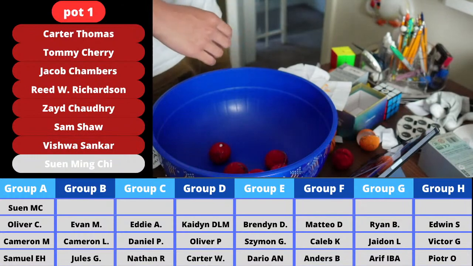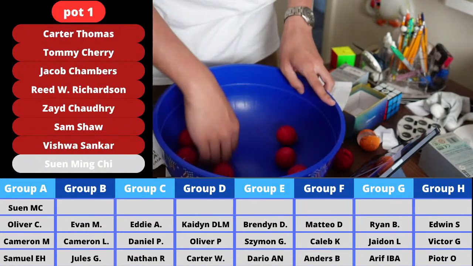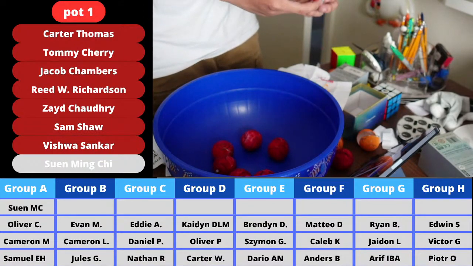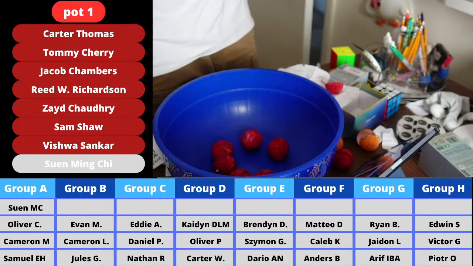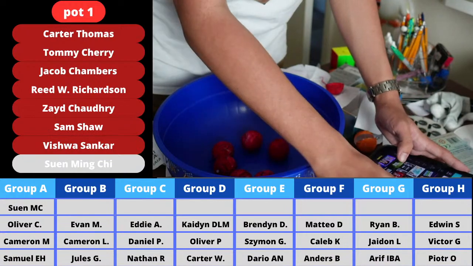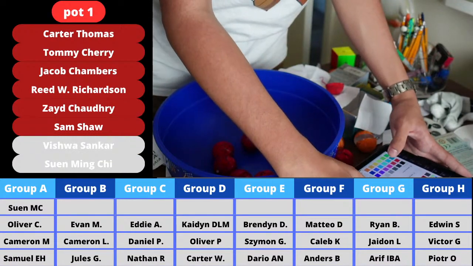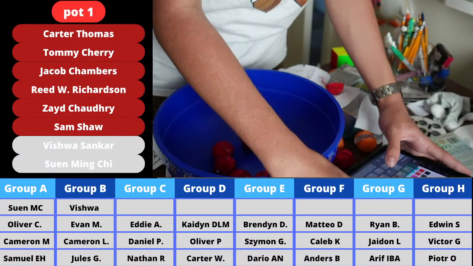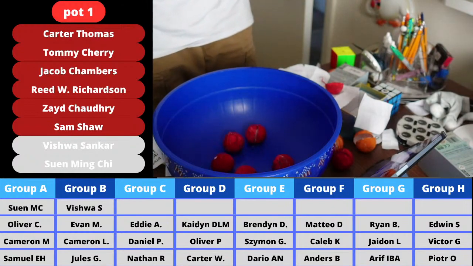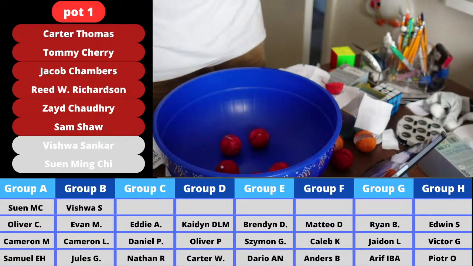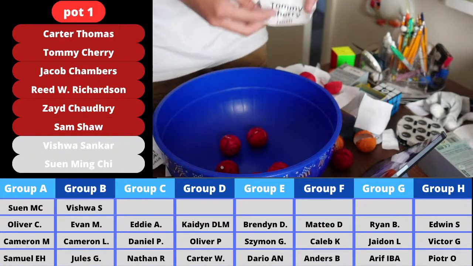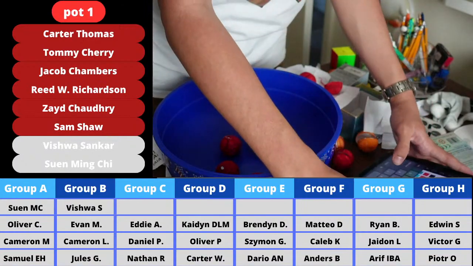Let's move on to the next competitors. In Group B, we have Vishwa Sankar in Group B. All right. So on. In C, we have Tommy Cherry. Tommy Cherry will be going into Group C.